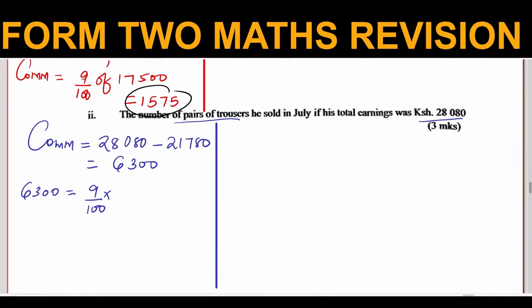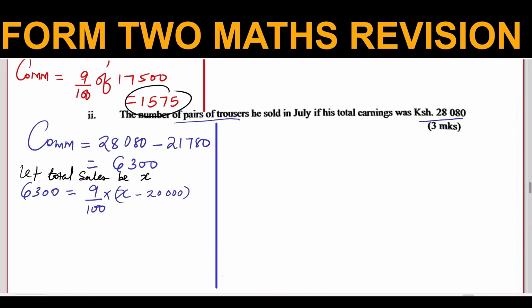Now we don't know that amount, so we can let the total sales be represented by X. That is the total sales. So therefore, the sales that will be above 20,000 will be obtained by taking the total sales, X, and then subtracting 20,000.